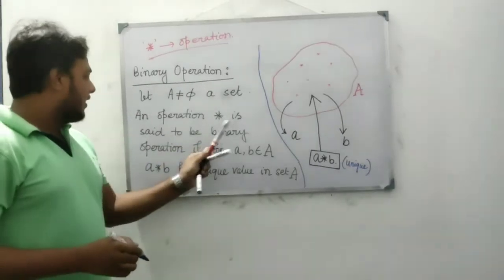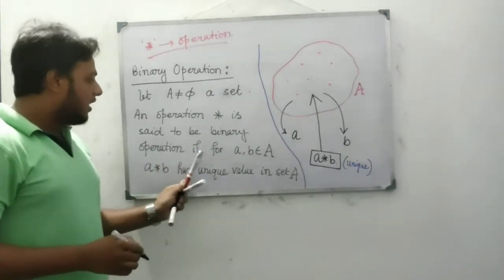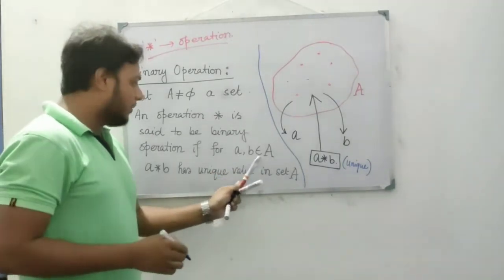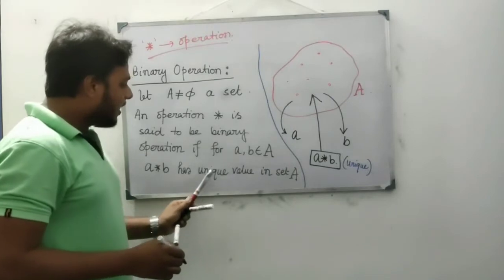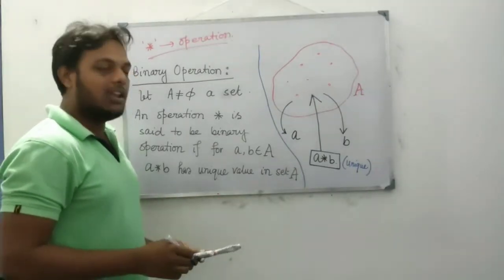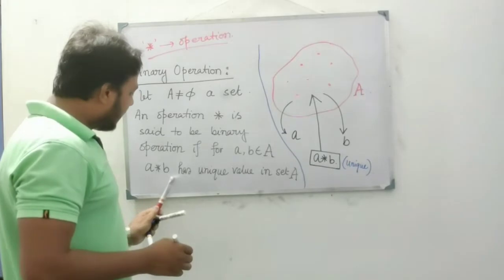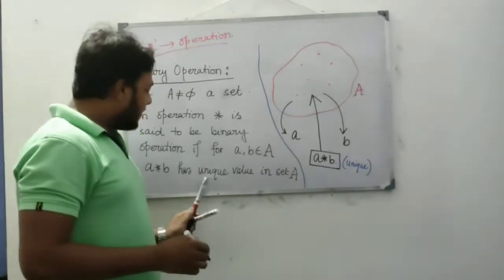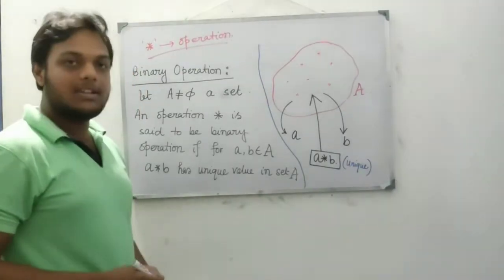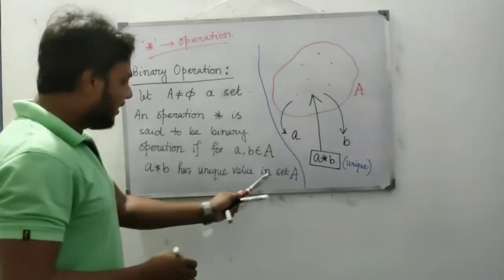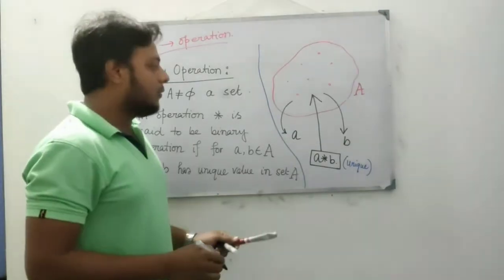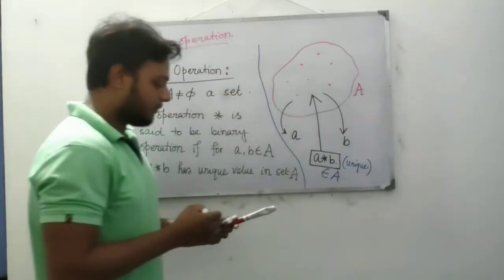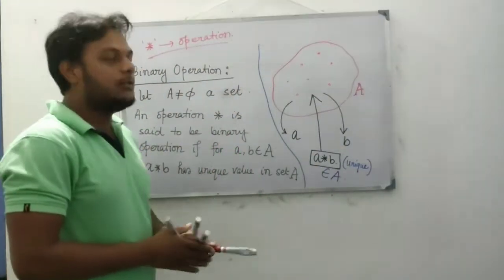An operation star is said to be a binary operation if for A, B belonging to A, that means we can arbitrarily choose the elements A, B, A star B has a unique value in the set A. That means A star B has to be a unique value, as well as A star B must belong to the set A. Hope you understand this. Clear? So this is the definition of binary operation.